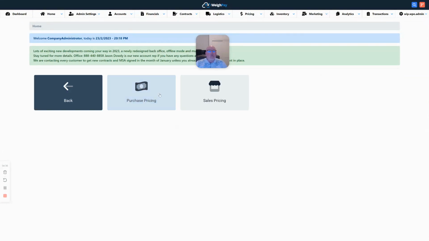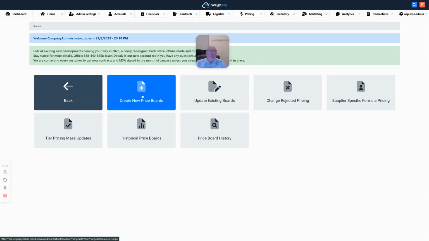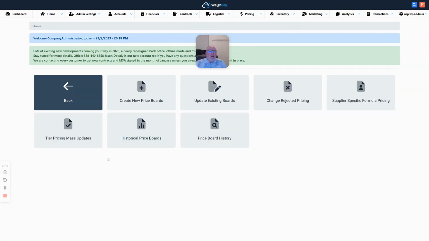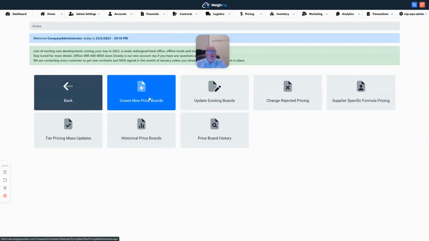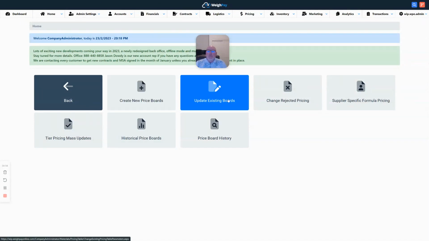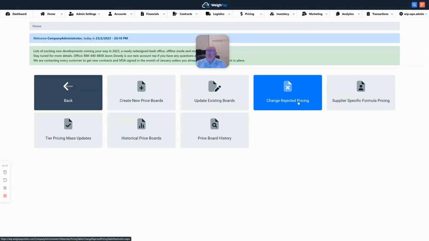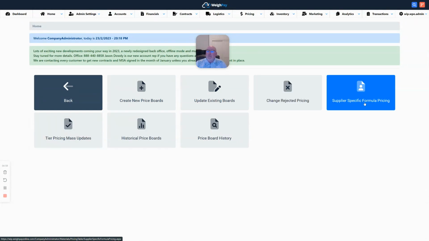Now when we get into the price board system, we have a very complete pricing system. It's what's known as a multi-tier cross-reference price board system. So the ability to create boards in advance, the ability to update an existing board, change rejected pricing if you have a commercial team, supplier-specific formula pricing, so you can manage those on a mass price update.